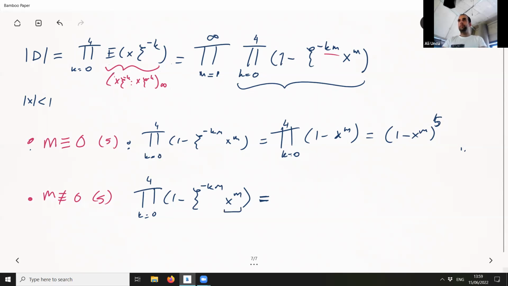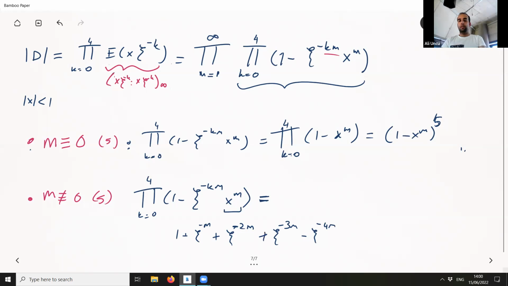Think about x^m. When you multiply things over k, you will always get 1 plus the k being first copy of this minus m, then k being the second copy of this minus m. And they're negatives, but the signs are going to mesh up, nothing to worry. Then the sign is going to be like this, minus third copy of m, and the fourth copy of m.